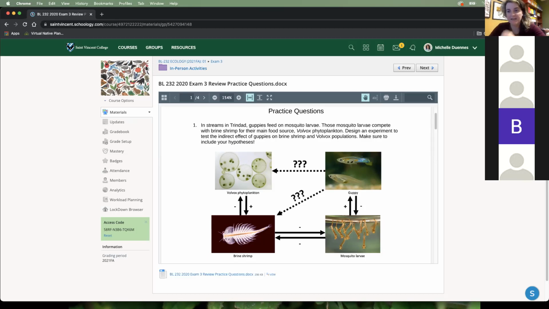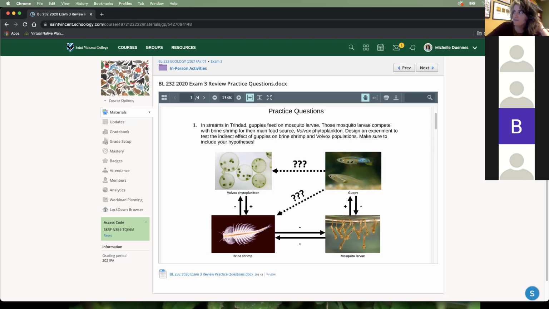Yeah, that's a perfect way, a really simple way to test the indirect effect of the guppies on these other species, is to just have an experiment where you have the guppies in the tank with these other 3 species, and then the guppies not in the tank, and then look at how the populations of each of the 3 species increase or decrease in the presence or absence of guppies.